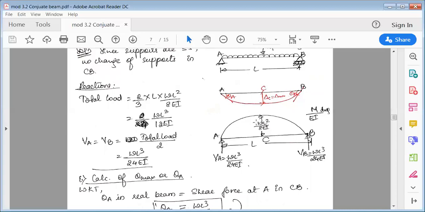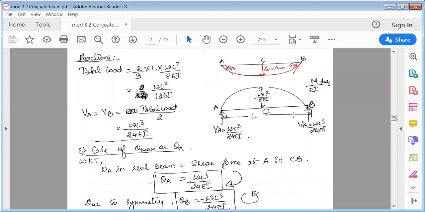Half of it is carried by VA, another half is carried by VB. So wL³ by 24EI. The total downward load is wL³ by 12EI, which is acting downward. To stop this, there are two supports which are trying to stop this. So that's why it gets distributed equally on them.